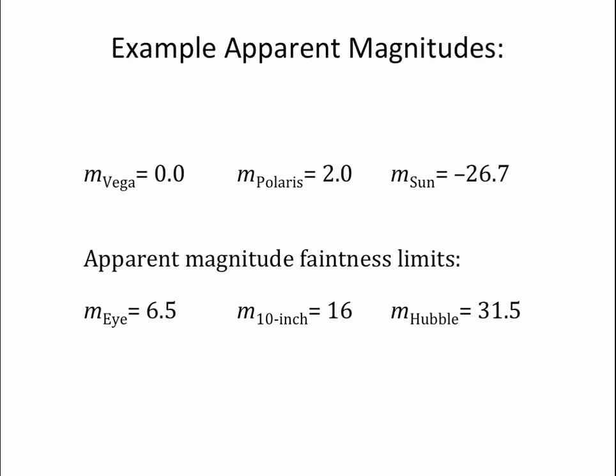We know that each factor of 5 magnitudes is 100 times brighter. So a star of magnitude -5 would be 100 times brighter than Vega.